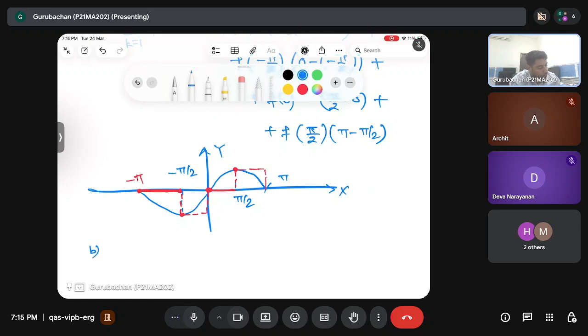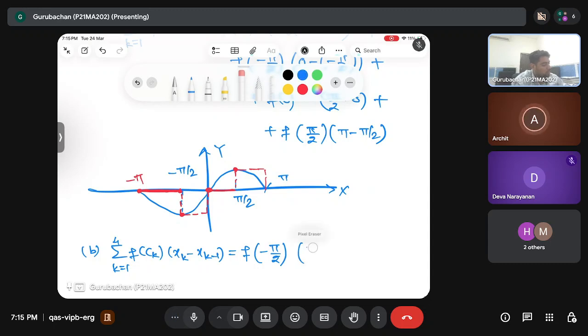Now quickly break this one for the right end point. Sum of f of ck times xk minus xk minus 1, so k from 1 to 4. In the first subinterval, what is the right end point? Minus pi by 2.